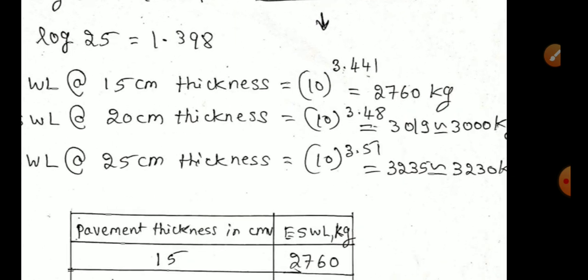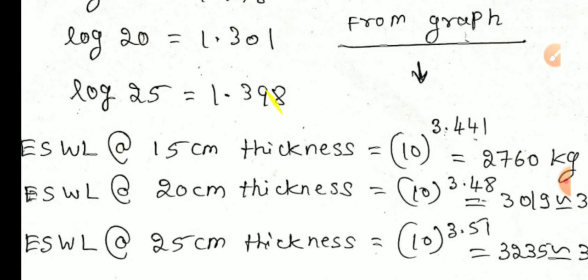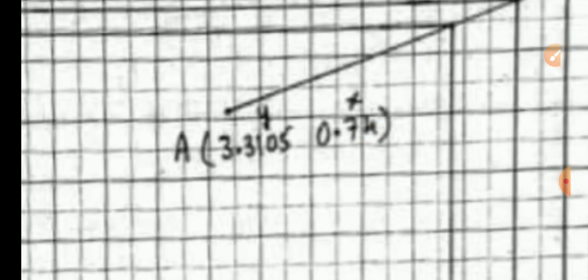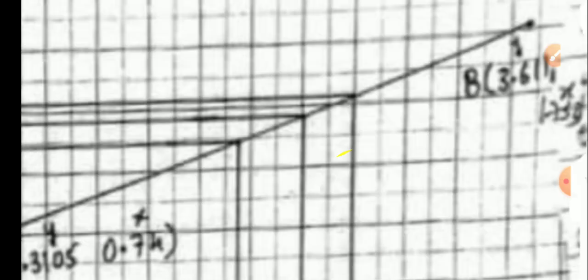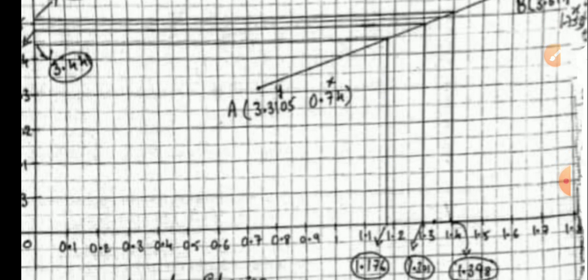So see, point A, 3.3105 and 0.74, we plot here. Similarly 3.61 and 1.73 we plot here. 3.3105 is on the y axis, and similarly 0.74 is on the x axis.